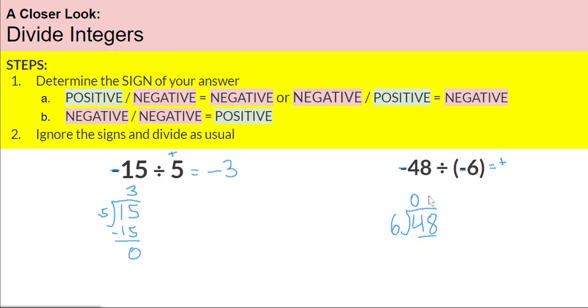That was 8 times. 8 times 6 is 48, and that's no remainder there. So my answer is a positive 8. Same rules. A positive and a negative make a negative. A negative and a negative make a positive.